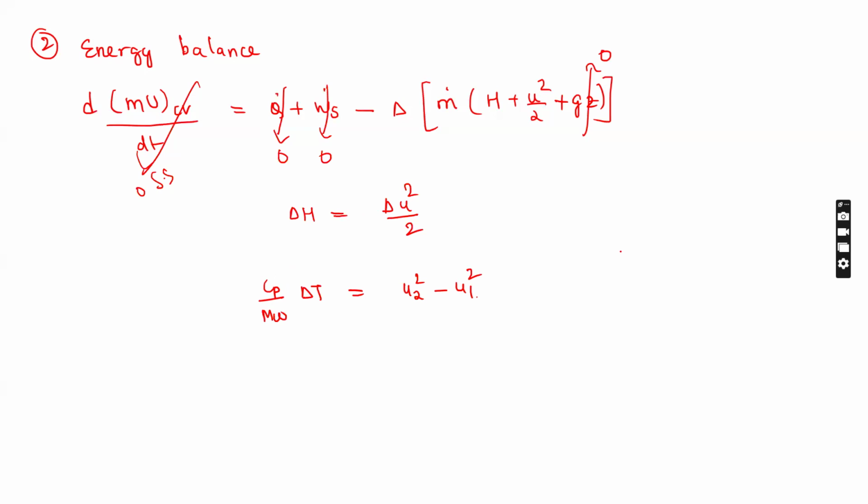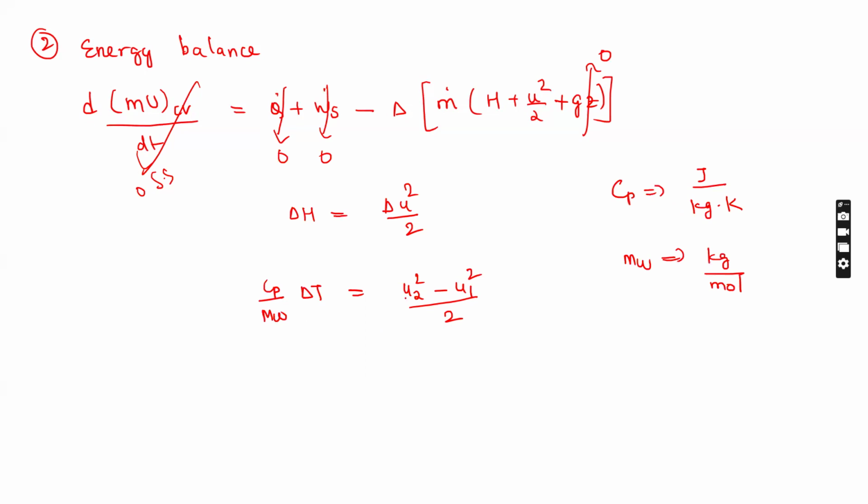Here Cp has units of joule per kg Kelvin. Okay. And molecular weight has units of kg per mole.